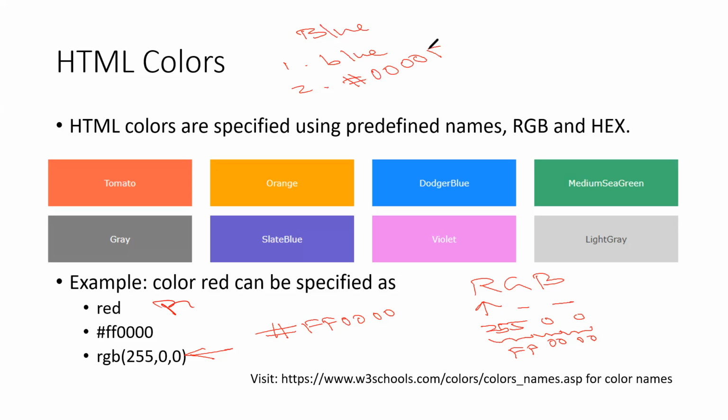For blue, it's maximum, FF. So this is another way to represent this. The third way is the use of RGB values. The first 2 values are 0 and then the third value is 255. So this is the representation. Refer to the documentation for more details, but simply you can use hex codes to represent the colors, right?